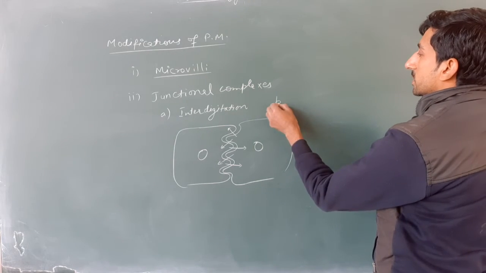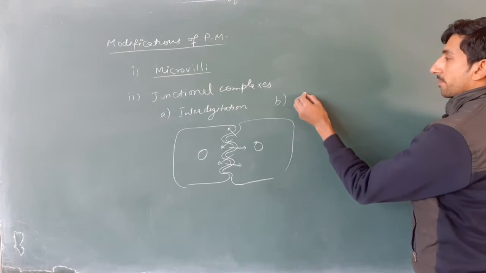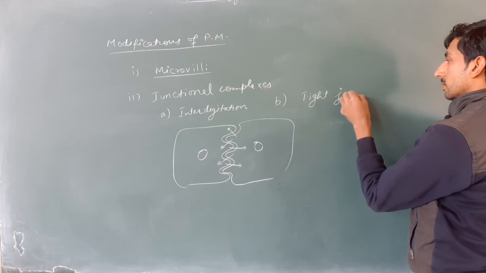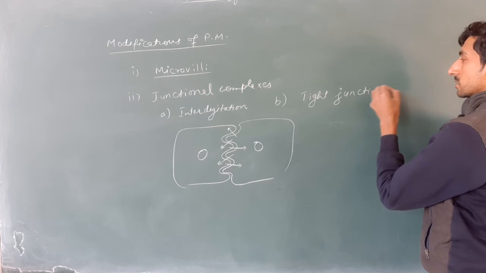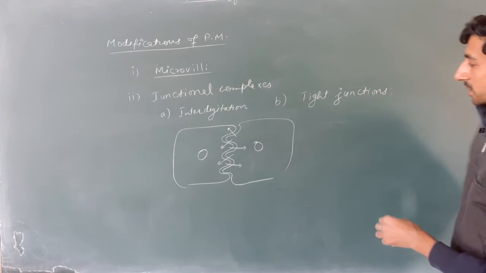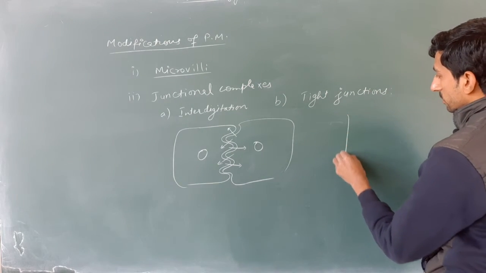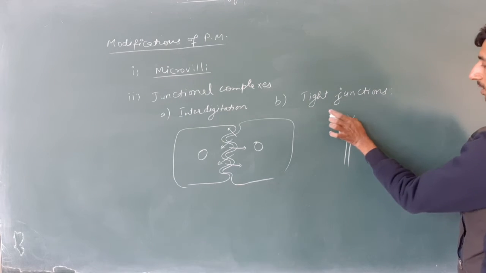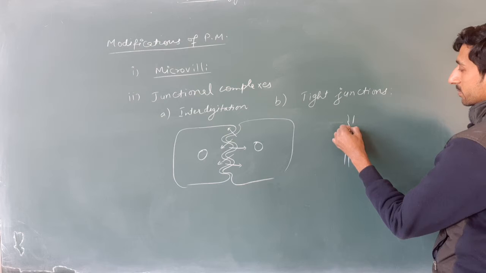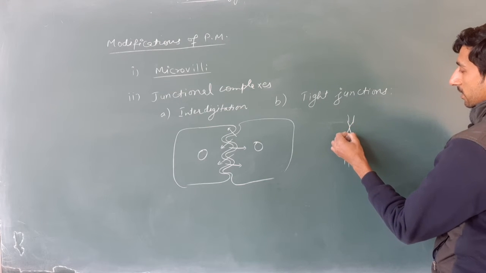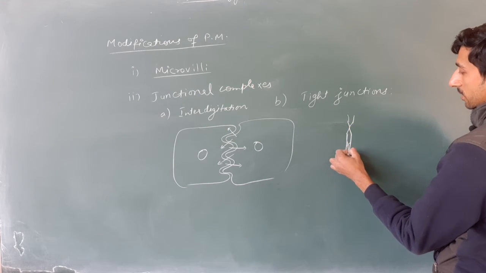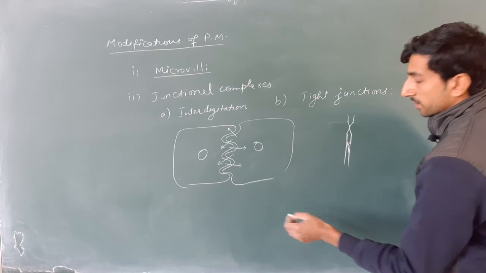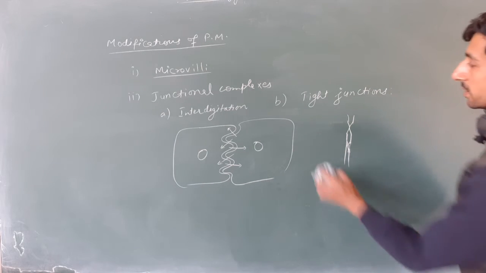Another type of junctional complex is tight junctions. Tight junctions are formed by close association of two cells between their plasma membranes, and they are found in renal tubule cells.